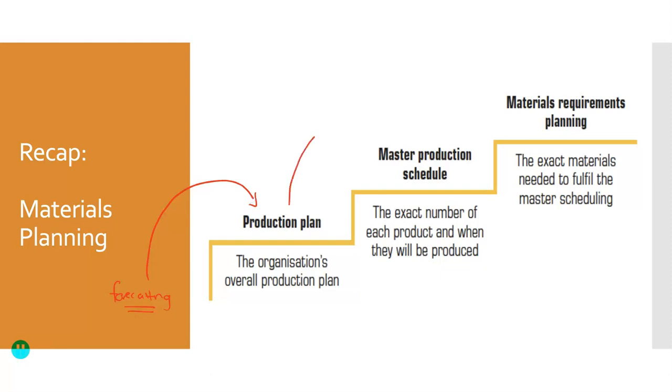Within that first step, they should do a master production schedule, which says the exact number of each product and when they will produce it. And then the second step is, once they know what is going to be produced and where, they need to do materials requirement planning.